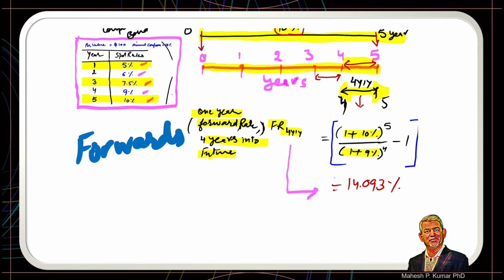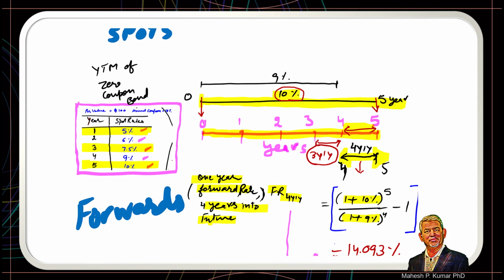Similarly, we can calculate this one now, which would mean the 1 year forward rate 3 years into the future. So 3y, 1y. How will we do that? We will need the third year spot rate as well. The third year spot rate, we can take from our table here, is 7.5%.